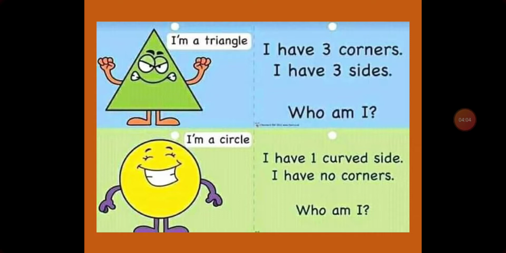So what's that shape that has just 1 face and doesn't have any corners at all? It is round. What shape is that? Circle. It's easy to tell this puzzle. It is a circle. Okay.